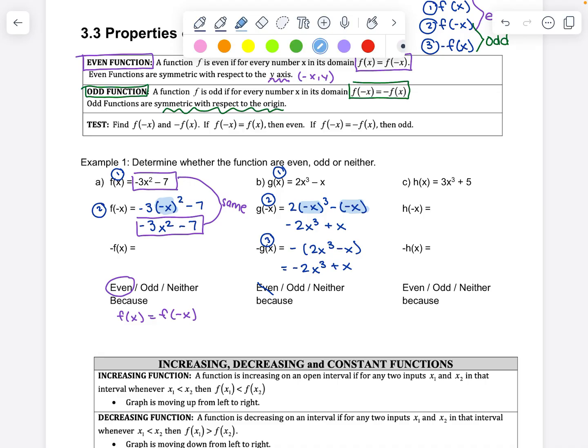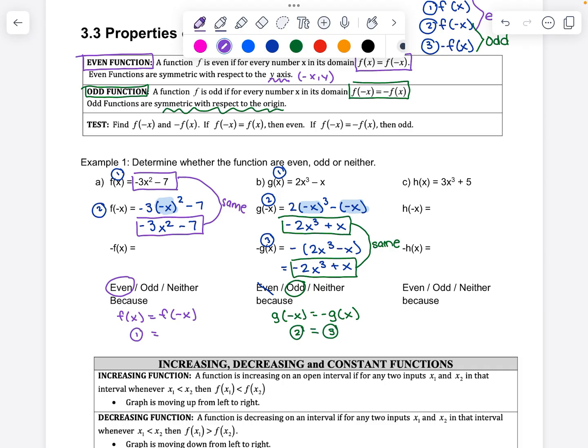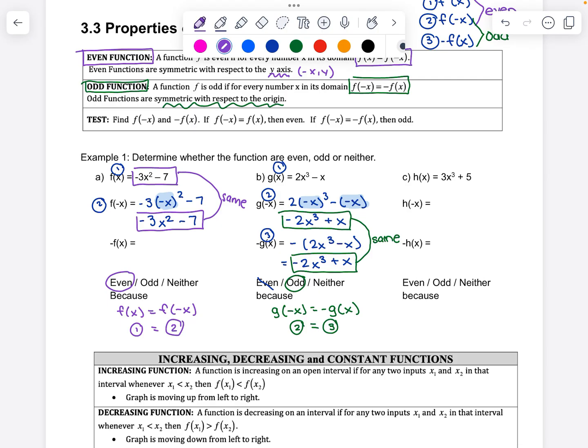If these two equations are the same, 2 and 3, so not 1 and 3, 2 and 3 are the same, then it's going to be odd. So it's the same because g of negative x equals negative g of x. So think of that as step 2 equals step 3, where the other one, step 1, was equal to step 2, okay?